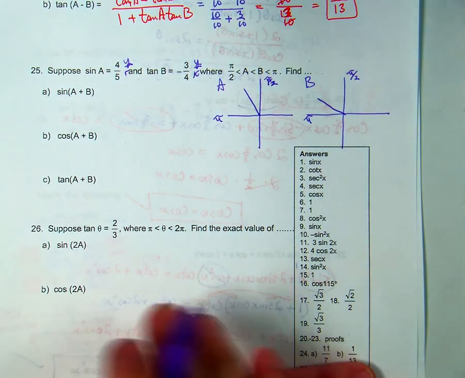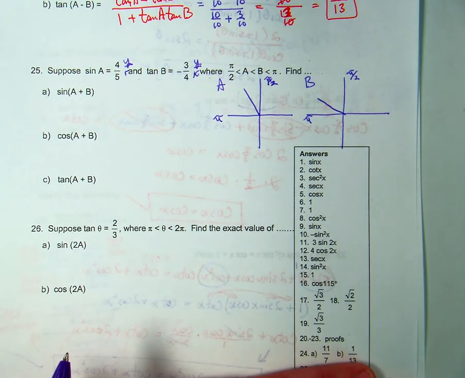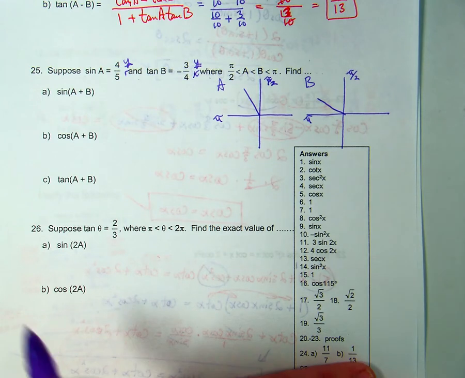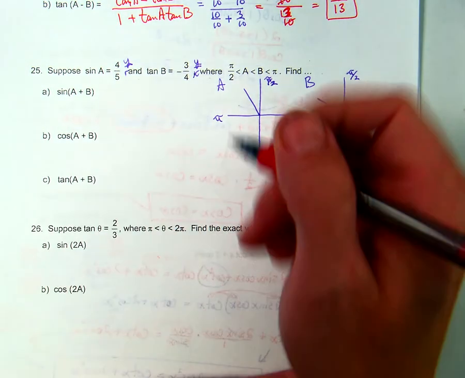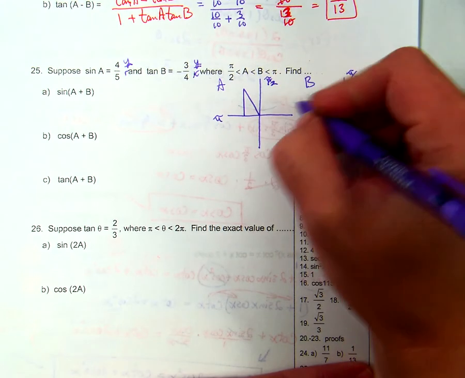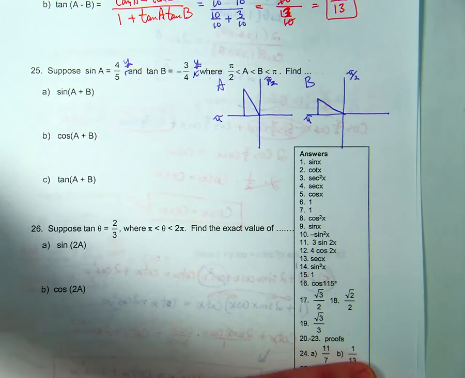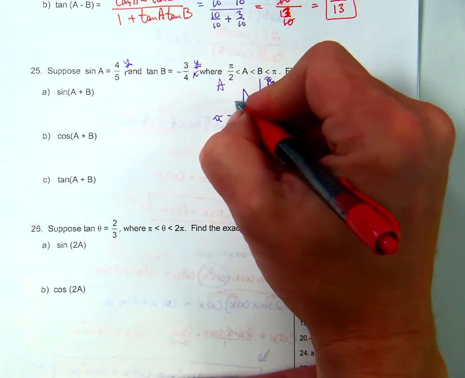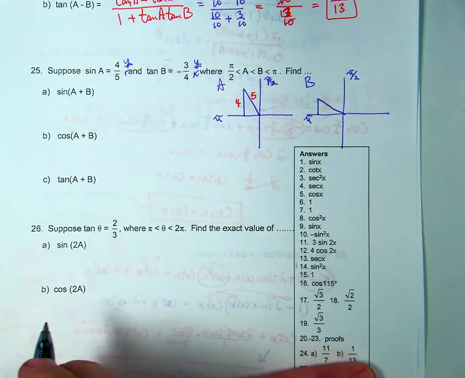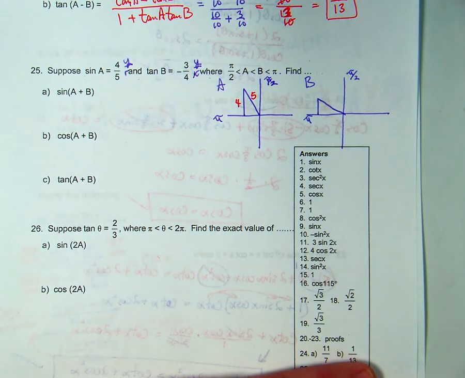Just in general, not to scale necessarily, but we know that sine A is 4 over 5. It's y over r. And so if I completed this triangle here, 4 is the y and 5 is the r. What's x going to be in this case? Because it's a Pythagorean triple, it's 3.